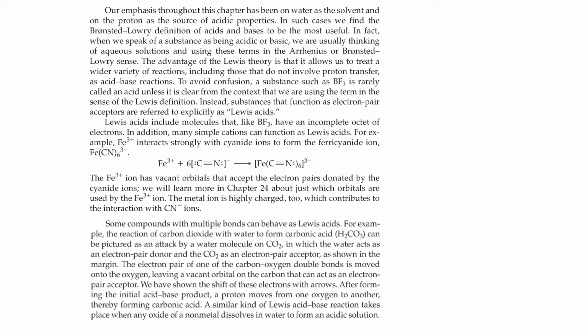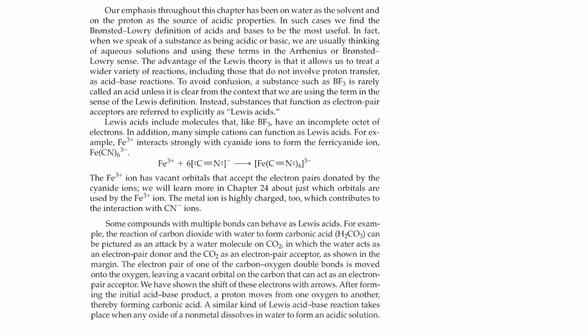Our emphasis throughout this chapter has been on water as the solvent, and on the proton as the source of acidic properties. In such cases, we find the Bronsted-Lowry definitions of acids and bases to be the most useful. In fact, when we speak of a substance as being acidic or basic, we're usually thinking of aqueous solutions and using the terms in the Arrhenius or Bronsted-Lowry sense.